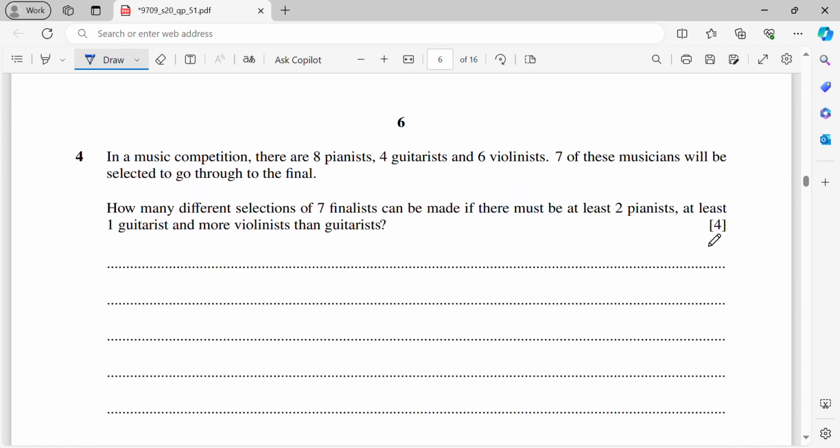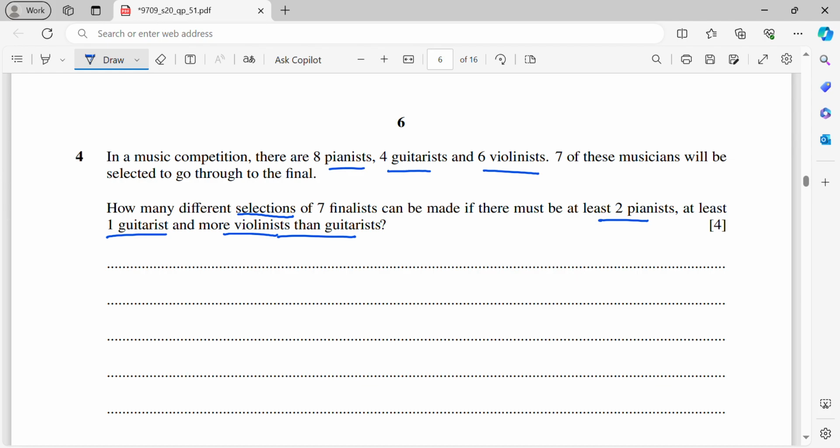Okay, next question, number 4. In a music competition, there are 8 pianists, 4 guitarists, and 6 violinists. 7 of these musicians will be selected to go through to the final. How many different selections of 7 finalists can be made if there must be at least 2 pianists, at least 1 guitarist, and more violinists than guitarists?